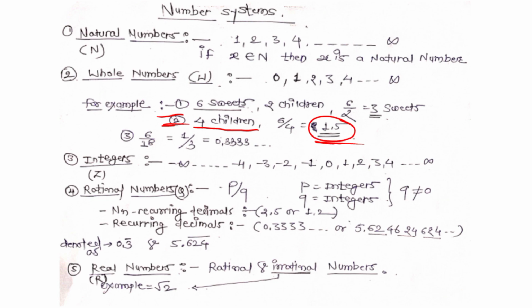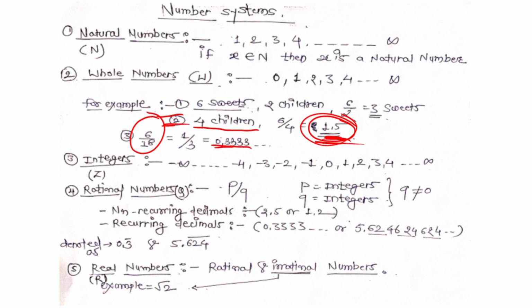Now this type of number, this 1.5, does not come under the whole numbers, and again does not come under the natural numbers. So that's why we require another type of numbers. We took another example, 6 by 18, meaning 18 children are there.